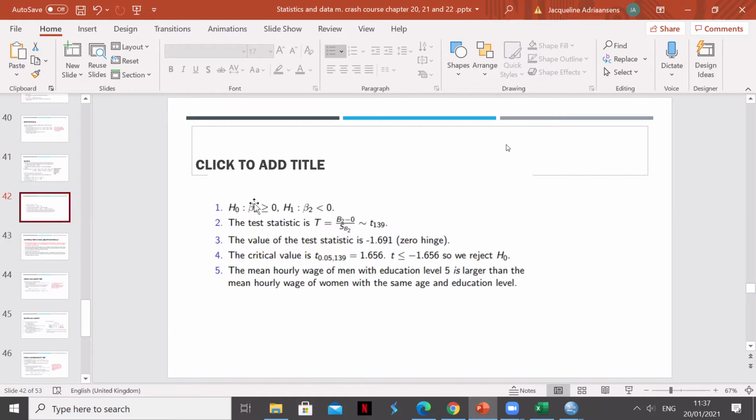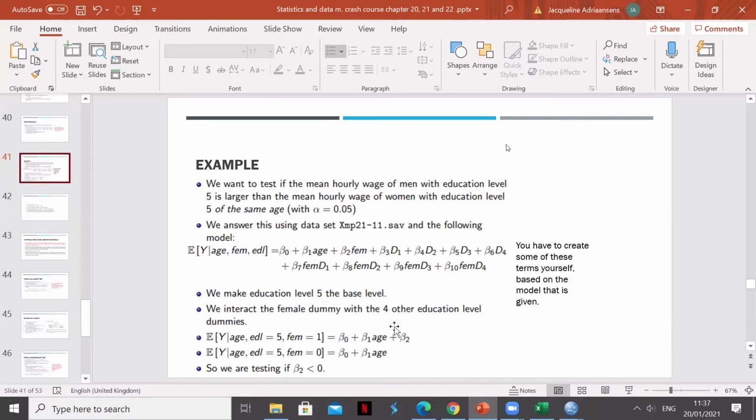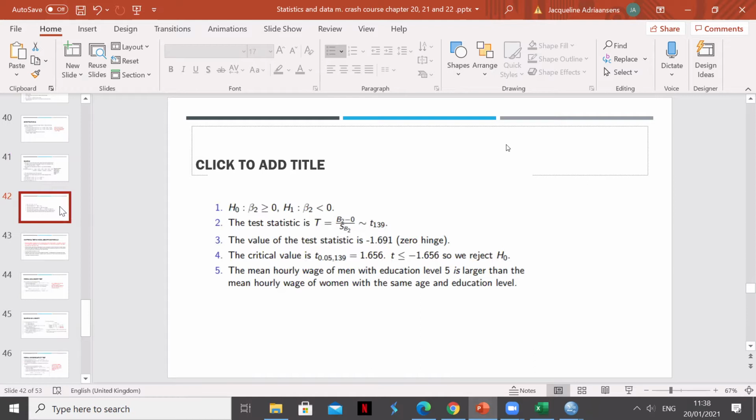This is your hypothesis. We want to test just one variable in the model, so we are going to take a t-test. And the t-statistic is the big T, of course. Your B, in this case B2, as you can see here. This is the beta, but we always take the B because you are testing a sample model, so you have to take the sample terms.